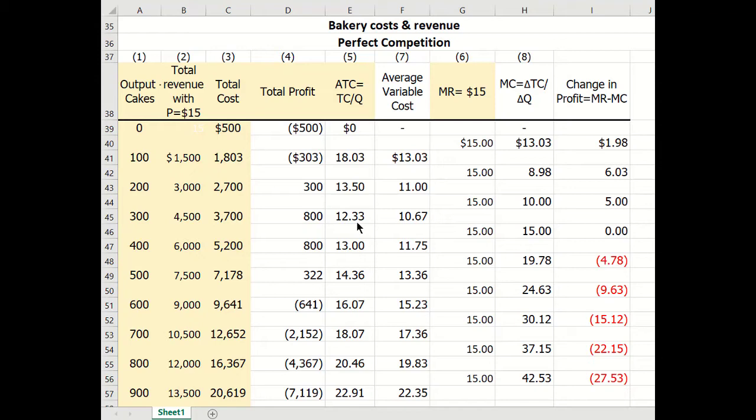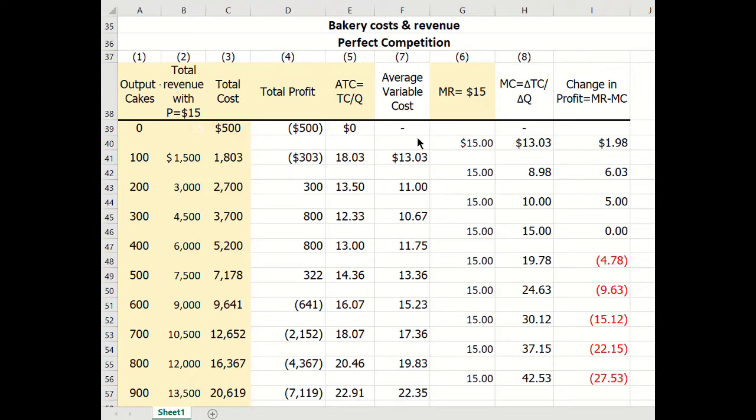So remember, the term efficient scale is at the bottom of the U of the average total cost curve. And that's basically what we think of as an optimal size for a firm. But we have more to say about that, so hold on. And so you see average total costs start ramping up, like we said here, and that's because of labor being less efficient over quantity as you increase quantity.